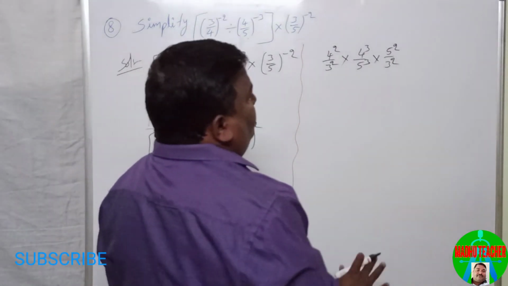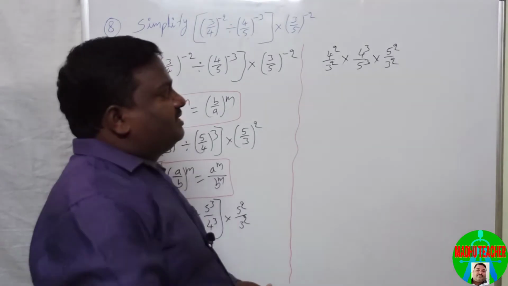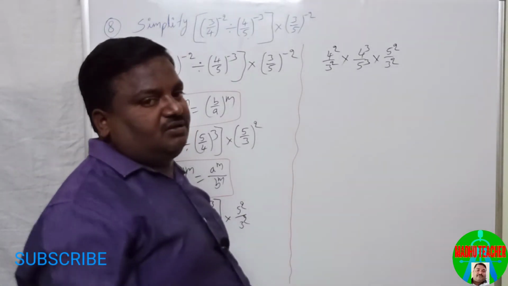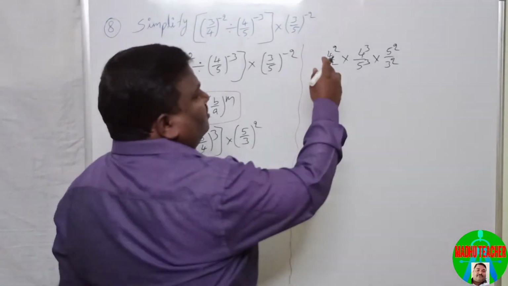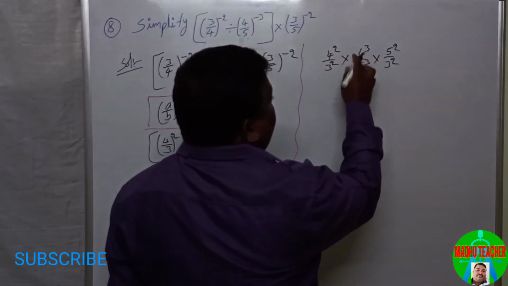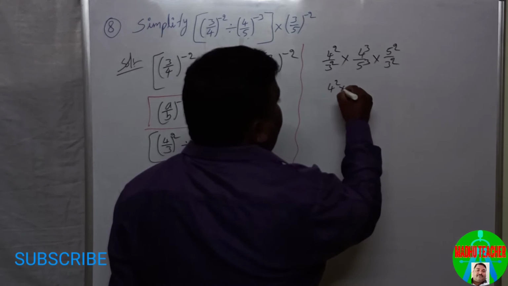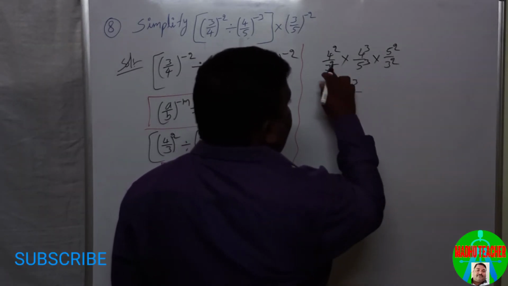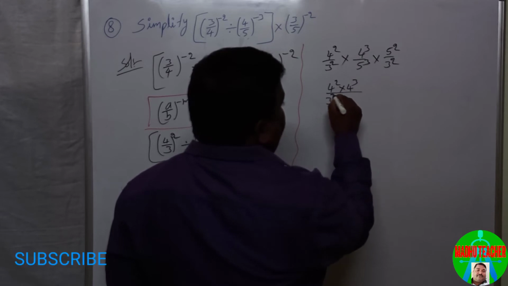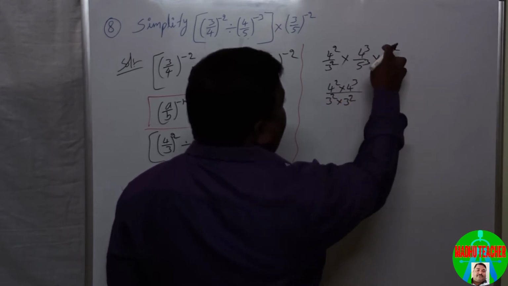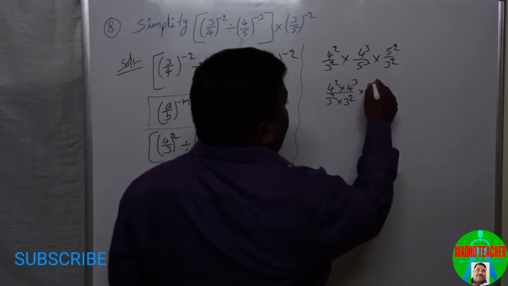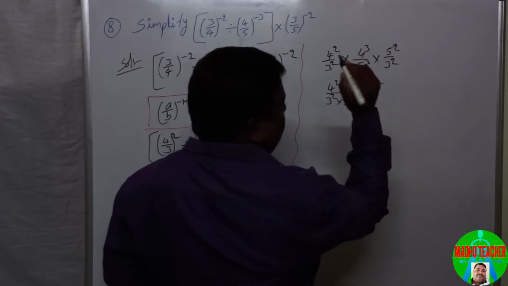Now I am writing the same bases side by side. Same bases, I am writing close together. So these two have the same base, so 4 square into 4 cube by, these two have the same, 3 square by 3 square, and these two, one is in the numerator and another is in the denominator.